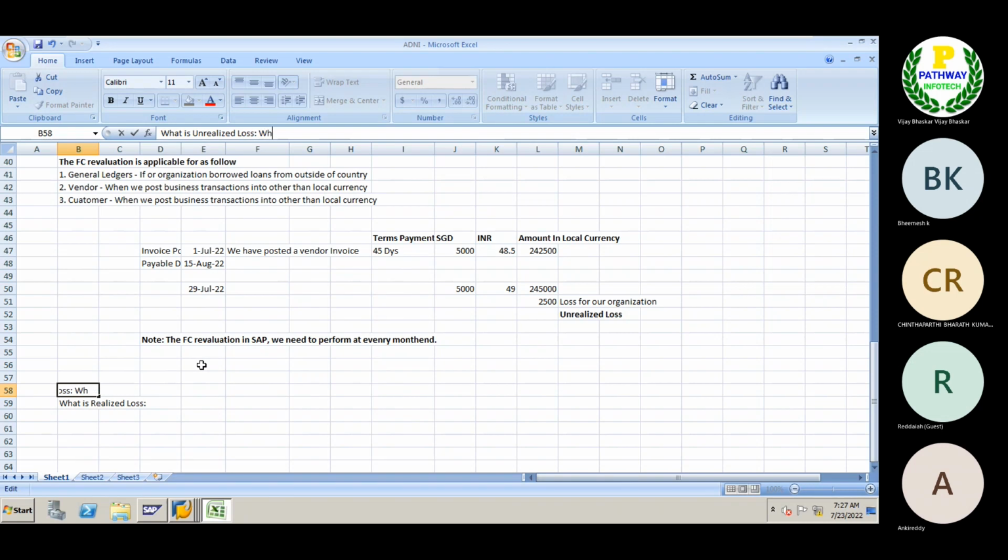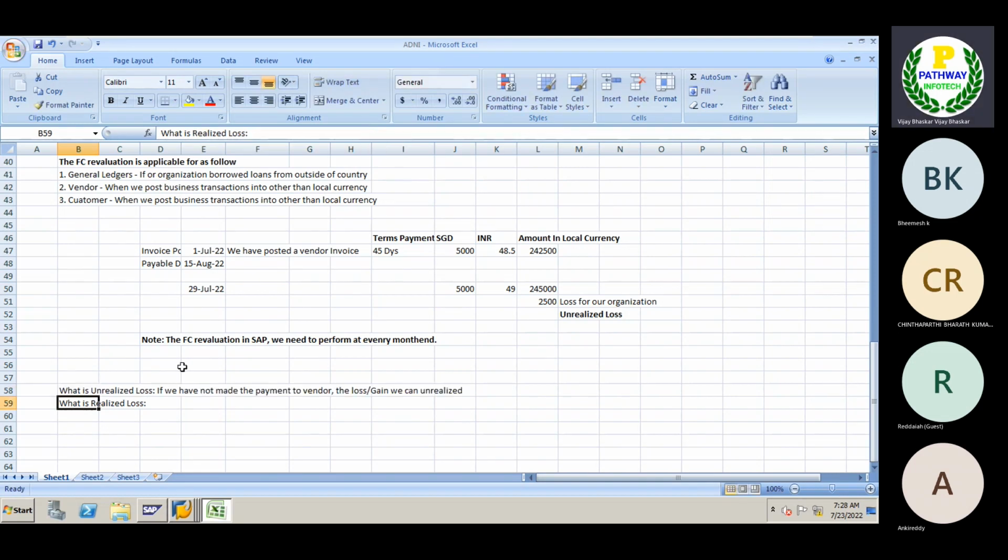If we have not made the payment to the vendor, the loss or gain, we can say, is unrealized.